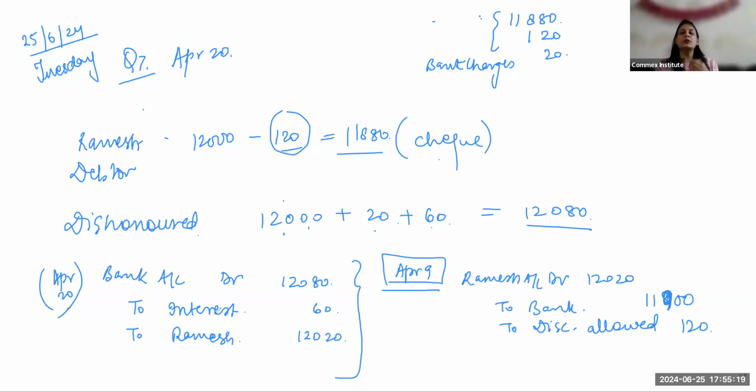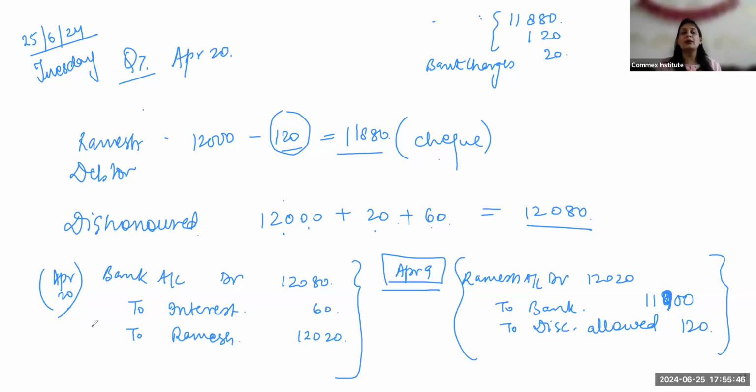Okay, April 9 entry, whatever you had written that day. Did we write the same entry that day? In another column. Okay, so the final effect was this only. We had only written Ramesh to bank charges, Ramesh to bank charges. Okay, to bank, and then ultimately we'll have to transfer it to Ramesh.